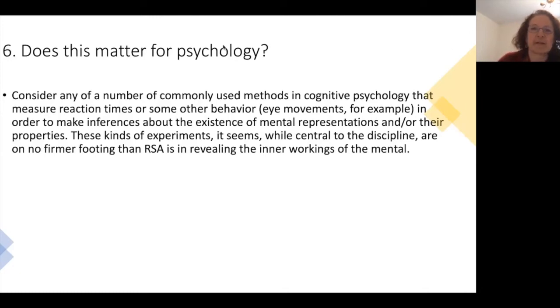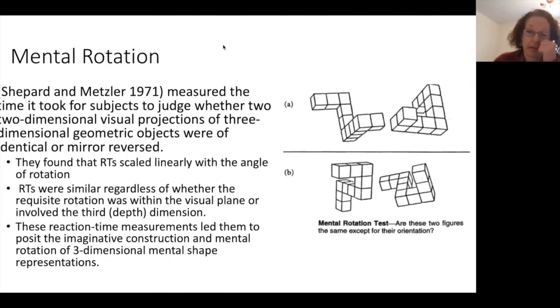They're slightly different. So I'm just going to think about Shepard and Metzler's classic experiment where they gave people two projections of 3D objects and asked them to judge whether they were the same object rotated or mirror images of one another.